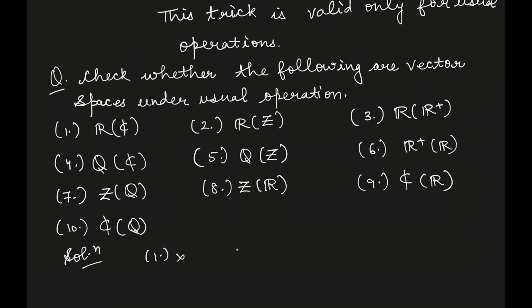Yes, only 9th and 10th are correct. So in the first one, the trick is not satisfied. Yes, the real number is contained in complex. Second one, Z is not a field. And what about third?